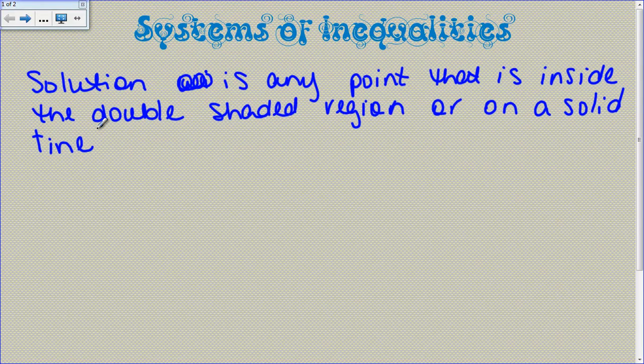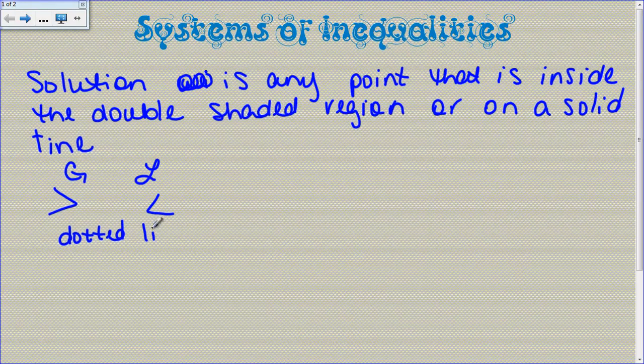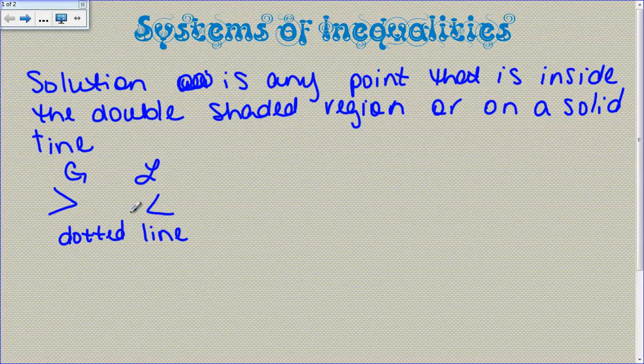So if you'll remember, when we're dealing with inequalities, we have these symbols. We have greater than and we have less than. So this is greater, this is less. When I graph a greater than or a less than, if it's just greater or just less than, I have to draw a dotted line, because points on the line don't count as a solution because they are not equal, because it doesn't have the or equal to part.